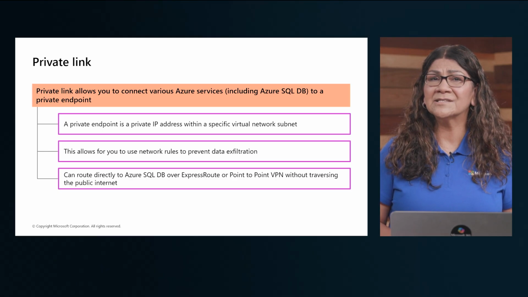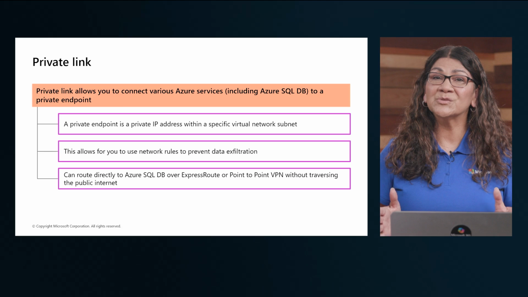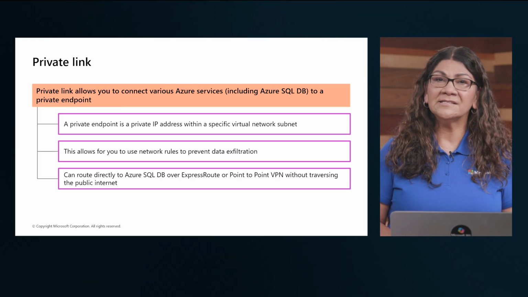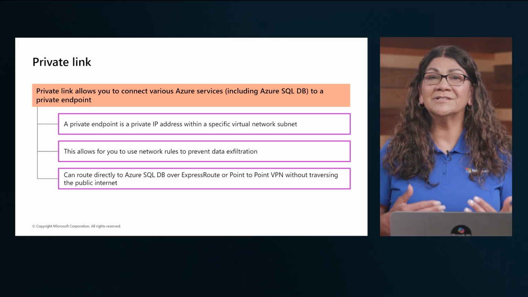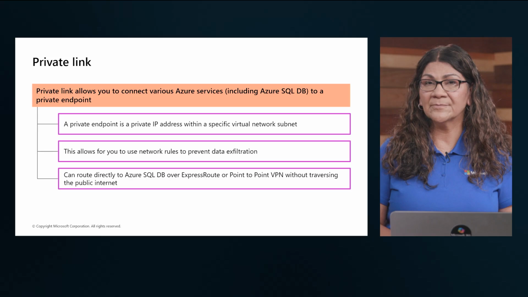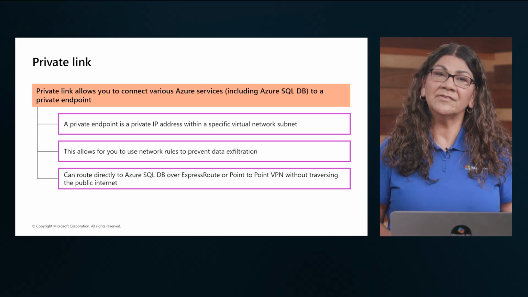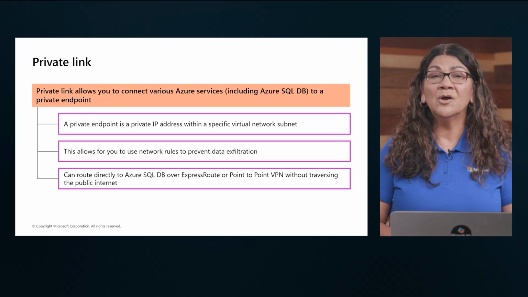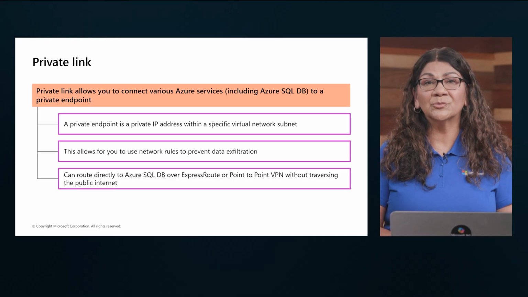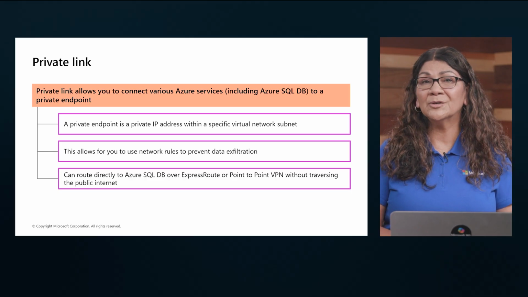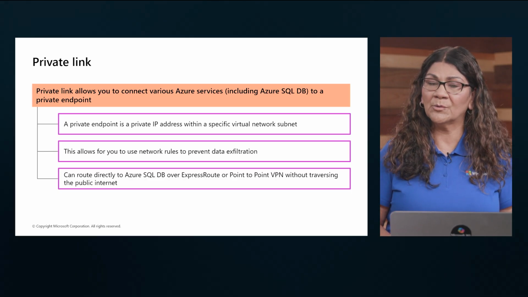Additionally, Private Link supports Azure ExpressRoute, enabling high throughput, low latency connections, all of this through dedicated circuits for enterprise-grade performance. One of its standout benefits is cross-region private connectivity, which allows secure access to resources across Azure regions while maintaining compliance and data residency requirements.